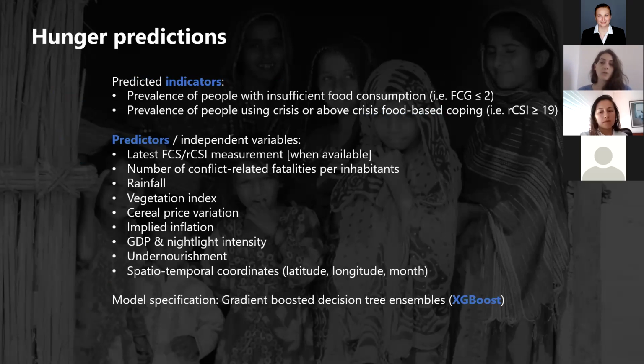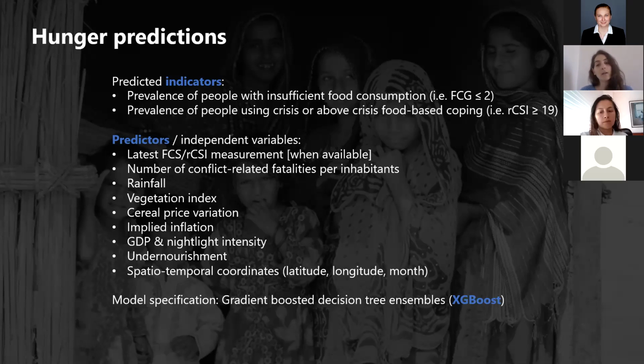The way we compute this is through the food consumption score that we got from the household surveys, and then our prevalence of people with insufficient food consumption is given by the prevalence of households that have a food consumption score classified as poor or borderline. So this is our first indicator and the one that we are mostly interested in.